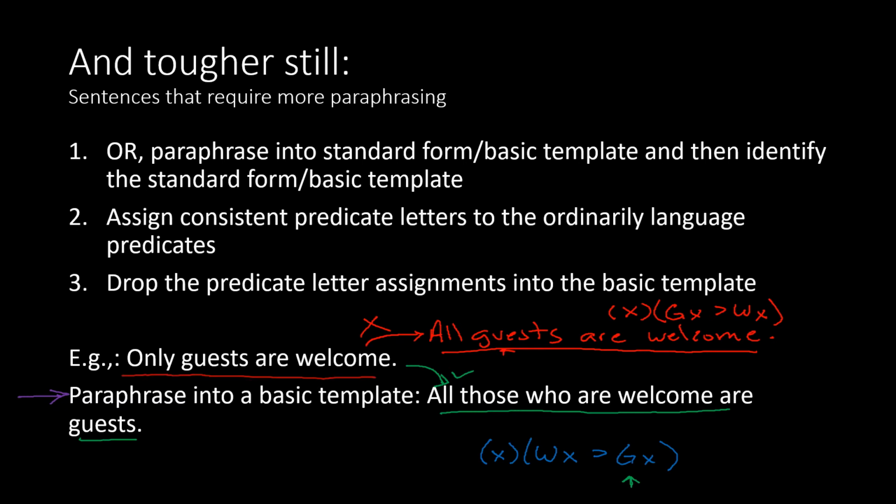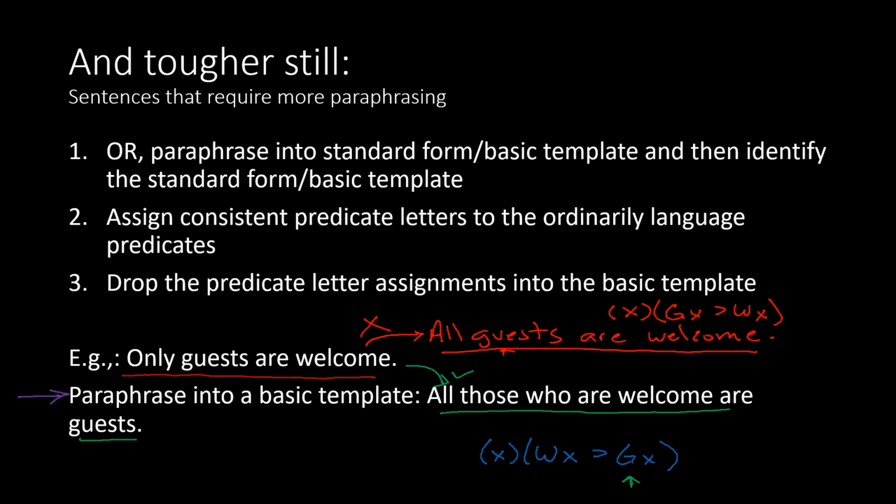Now, only sentences can get tricky. When you are dealing with them, take that extra moment to make sure that in the original ordinary language version, you understand which clause is the only clause. As a throwback to propositional logic, remember that the only if clause was the consequent.